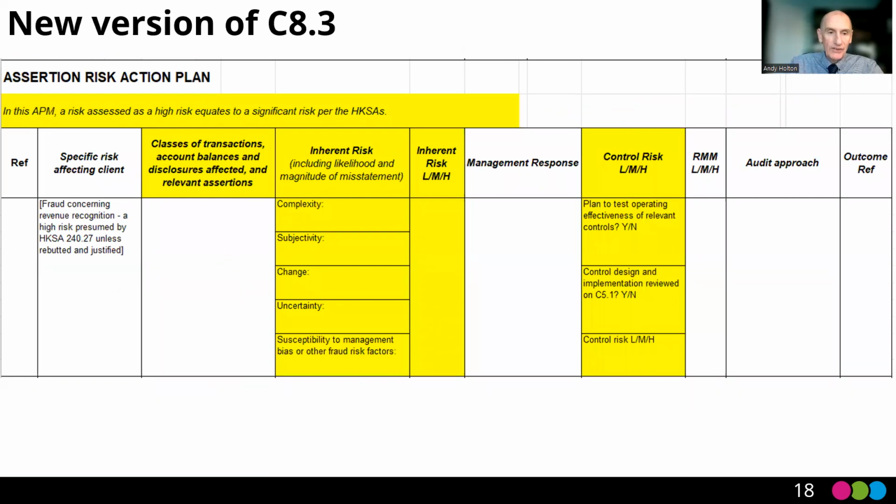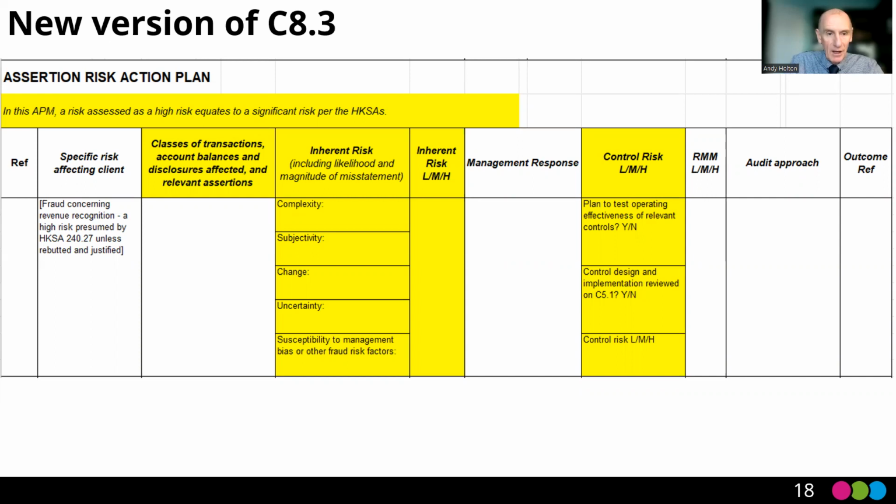On this slide, you can see highlighted yellow where we've got changes to that form. Firstly, highlighted at the top, just making it clear that a high risk equates to a significant risk in the HKSAs, just to emphasize that point. We've then got the financial areas affected specified in more detail.